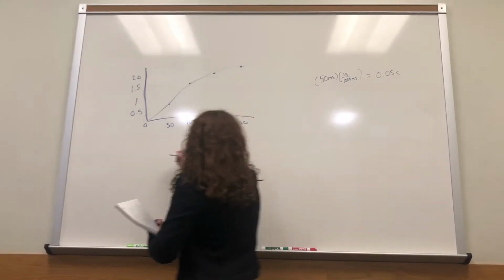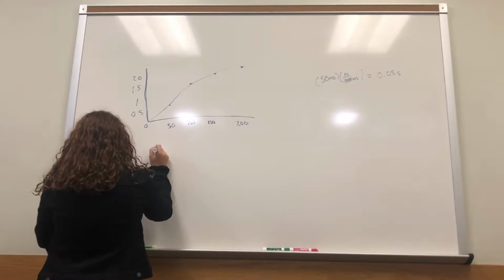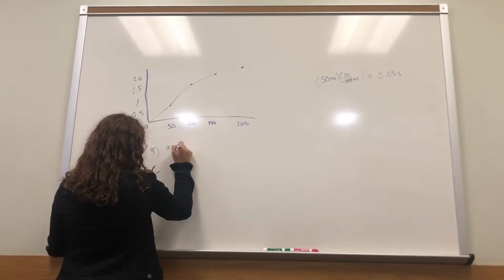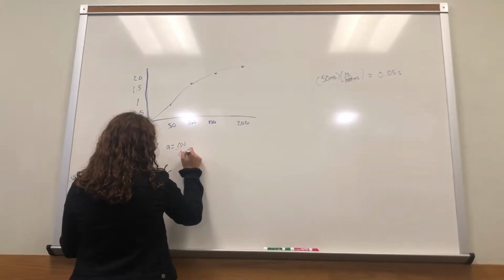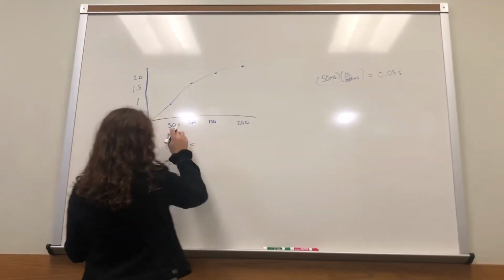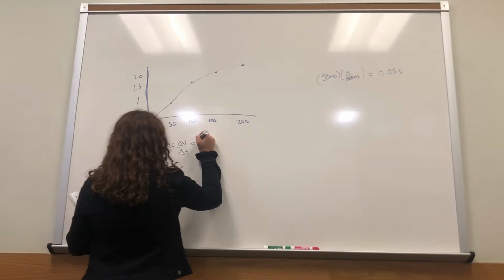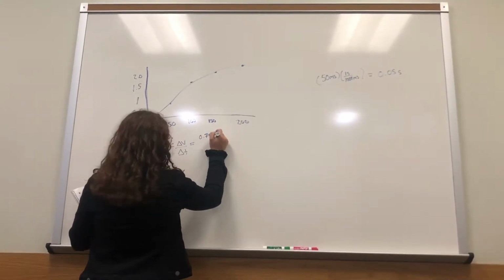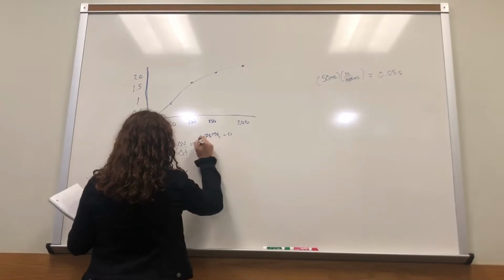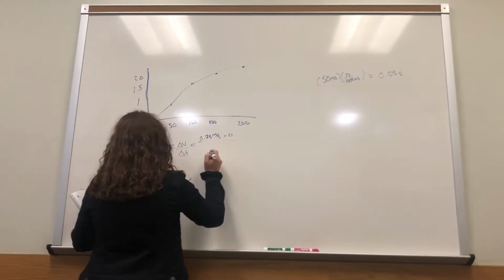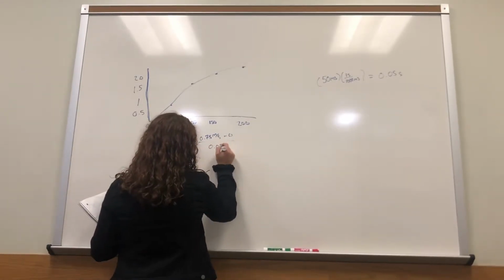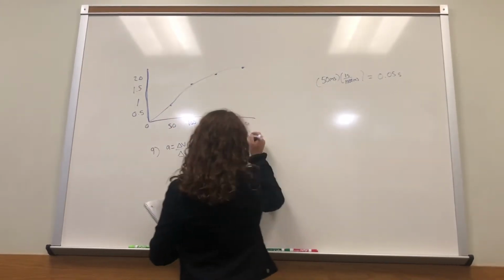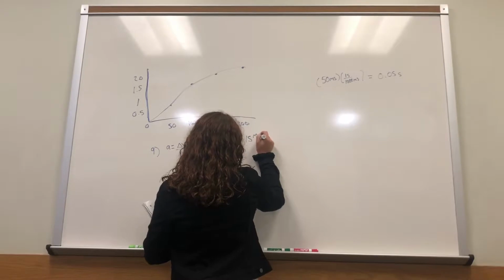Okay. So part A, acceleration is change in velocity over change in time. So we have our velocity approximately is 0.75 meters per second minus 0 over 0.05 seconds, which we just converted up there, and that gives us 15 meters per second squared.